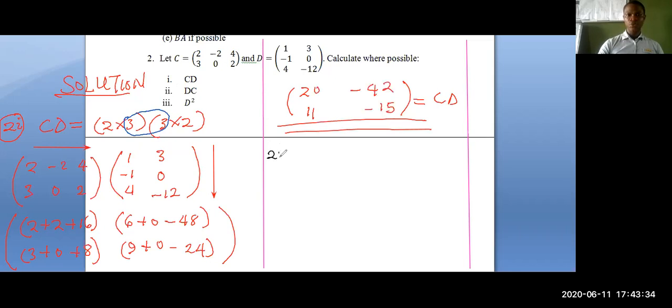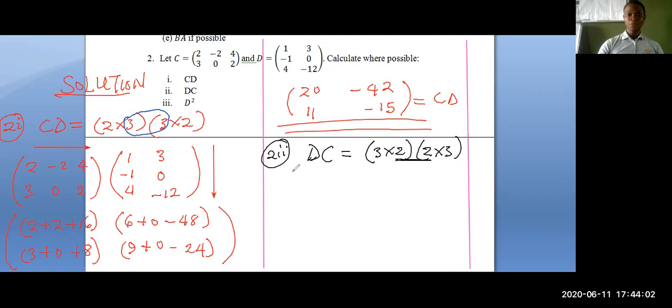Now we ask DC. The order of D is a 3 by 2, multiplied by C, which is a 2 by 3. Of course it's also possible, as we are seeing here, because the adjacent 2's are equal, so we're going to have a 3 by 3 matrix answer.